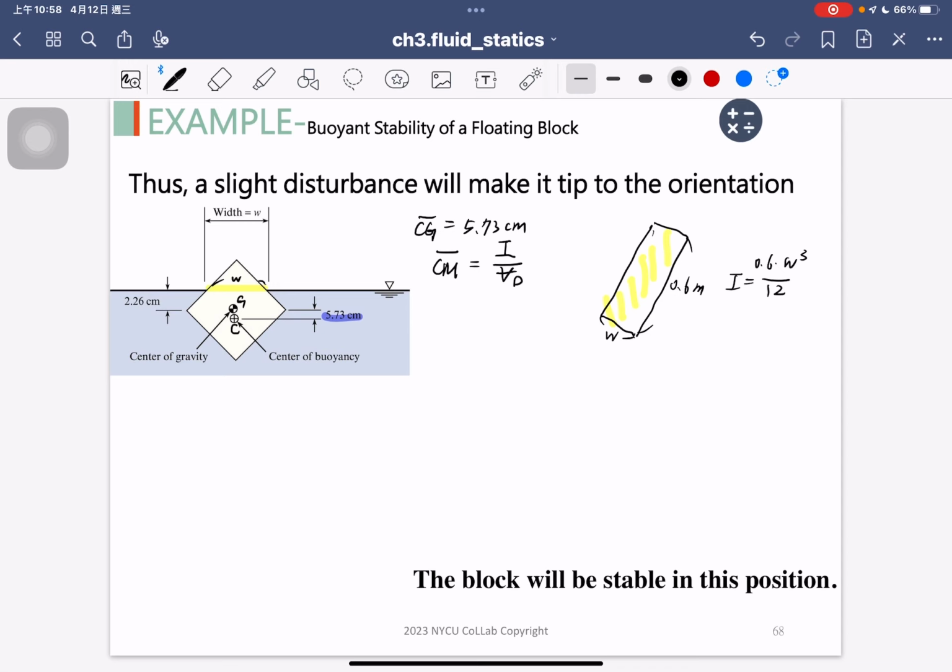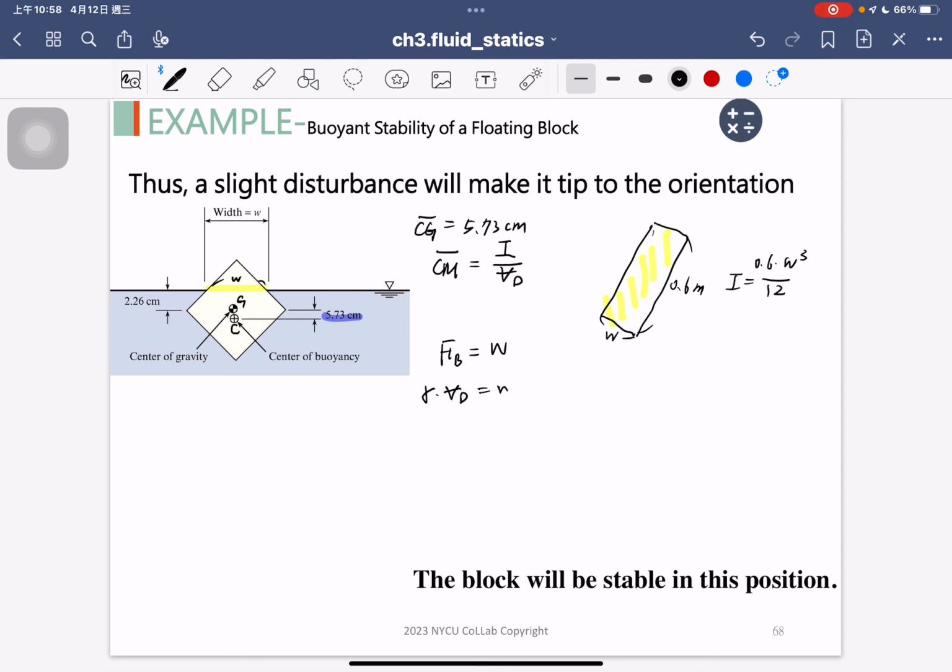Because we go back to the force balance: the buoyant force will equal the weight, right? And we know that the buoyant force is equal to gamma multiplied by the VD.